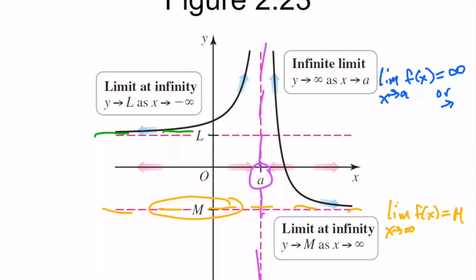Similarly, we see this line here. It's what happens when x goes to negative infinity along this curve, in this direction. And that can be written down with the expression, the limit as x approaches negative infinity of f of x equals L, with L being the value of the y-coordinate of that line.